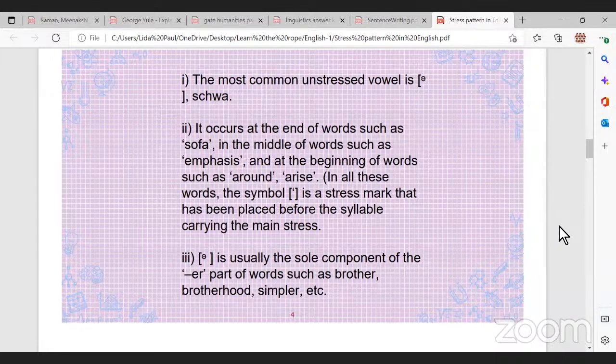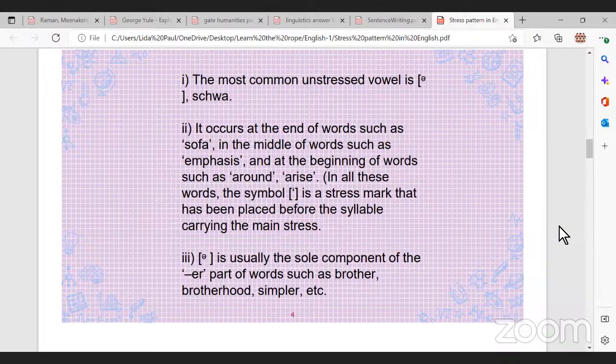It's not emphasis, emphasis. After the fa, the vowel sound which follows is the shva. And in the beginning of words such as around, arise, right? They're all shva, and in all of these words, it is unstressed. Wherever it occurs, whichever the word is, if there's the presence of the vowel sound shva, that is unstressed.